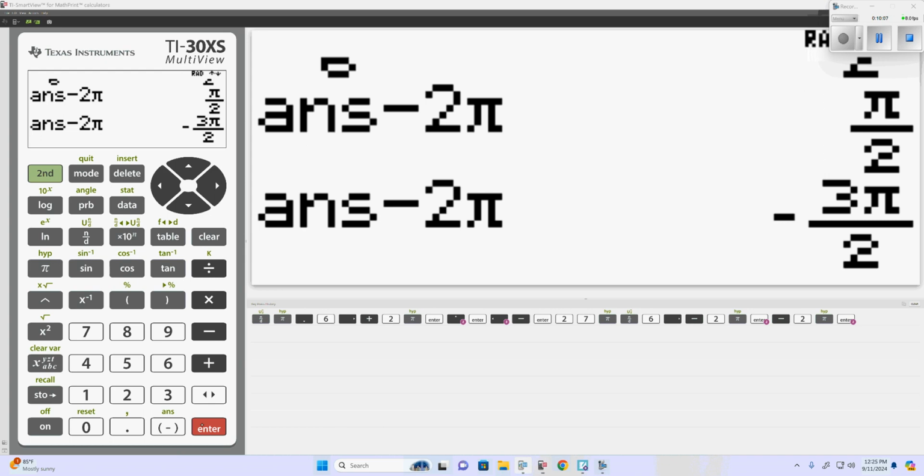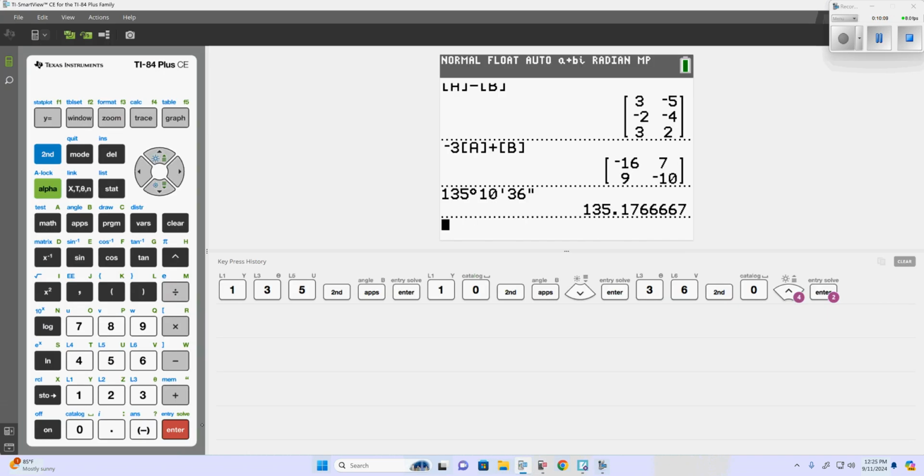Actually, so that exact keystroke, except instead of the numbers. So that string right there.